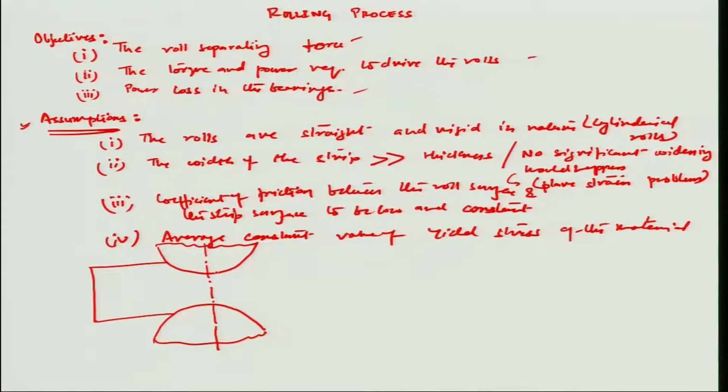So there is a change in the thickness of the material. Let's say the final thickness of the sheet coming out of the rolls is Tf, and the initial thickness at the beginning of the process is Ti. There is a velocity at which the sheet is being fed, which we consider to be Vi. This is Ti.